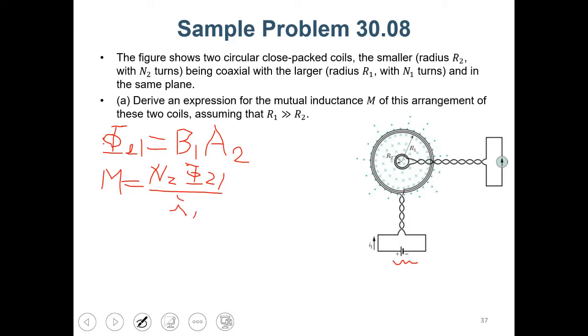It's something like the inductance, but we change L into M, and phi into phi 21, and the I is I1 because it's generated by the first loop. So we'll have N2 B1 A2 over I1.